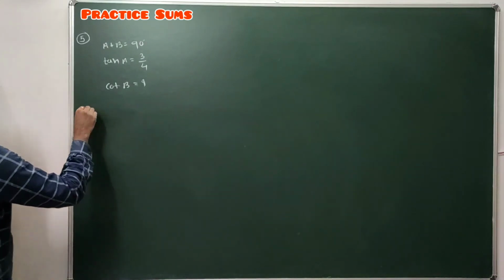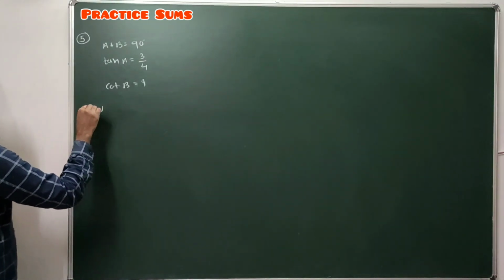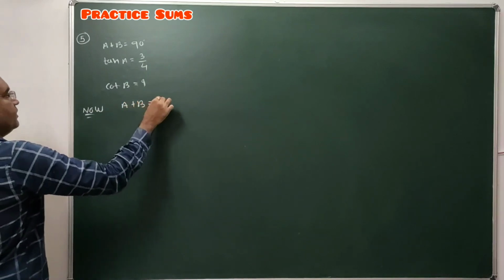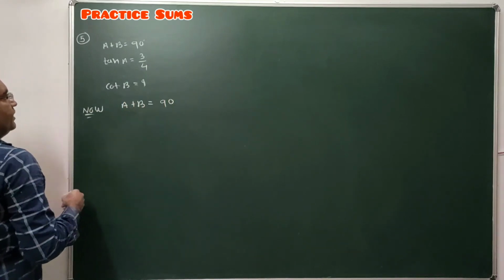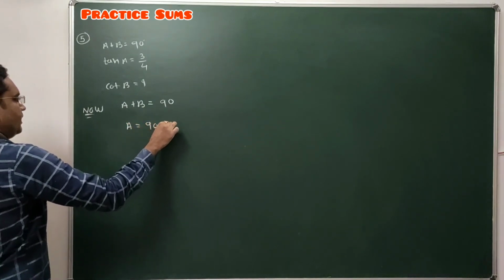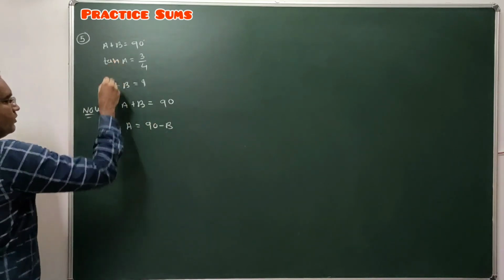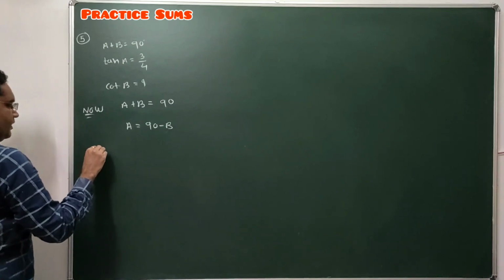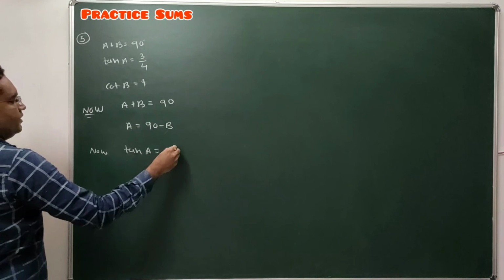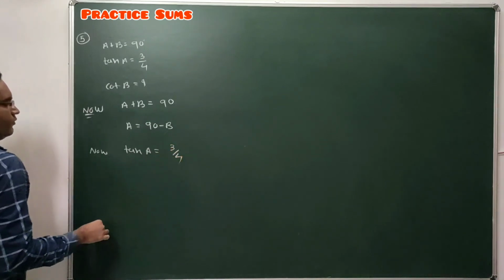So now, simple question. We are given that A plus B equal to 90. So what we can write? A equal to 90 minus B. So now we are given that tan A is 3/4.